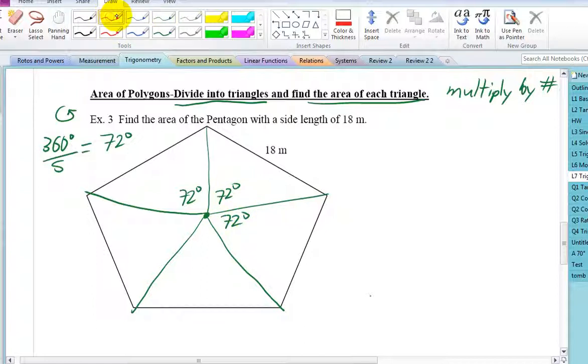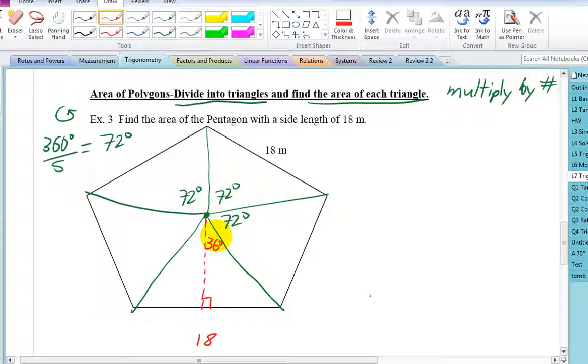However, in order to find the area of a triangle, I need the base of 18, but I also need the height. So you got to draw that in. Now what happens to 72 degrees? Yeah, it's split into two equal pieces, so divide it by 2, and you get 36.